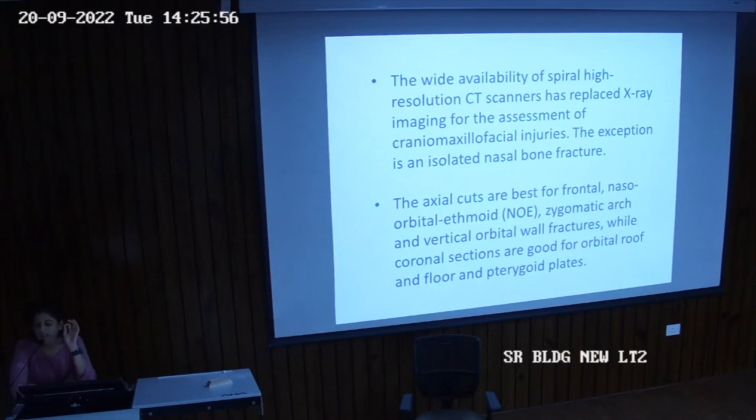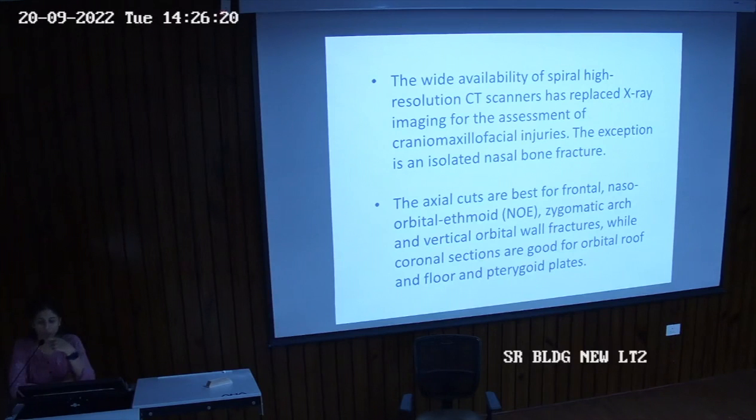But nobody nowadays does so many X-rays separately. We have something known as 3D facial reconstruction CT, which is a very good high definition CT in which you get a complete bony picture. I'll show you of the entire face, and it's a 3D picture, so you can rotate and see where is that fracture line, at which angle is it going, and where is it going, right? So it'll help you plan.